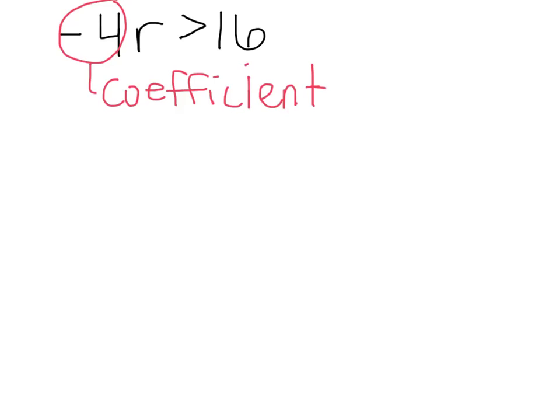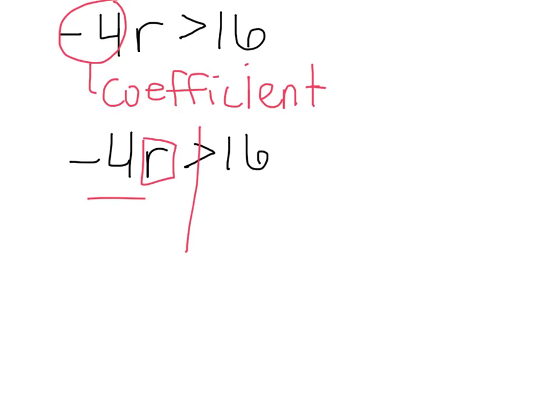Now to solve this problem, the first thing you need to do is make sure you recognize that it has a negative coefficient. We want to isolate our variable by doing the inverse operation. Negative 4 and r are multiplying, so the inverse operation is to divide by that negative 4 to get it away from our r. When you divide negative 4 by negative 4, you get 1, so you're going to be left with r.